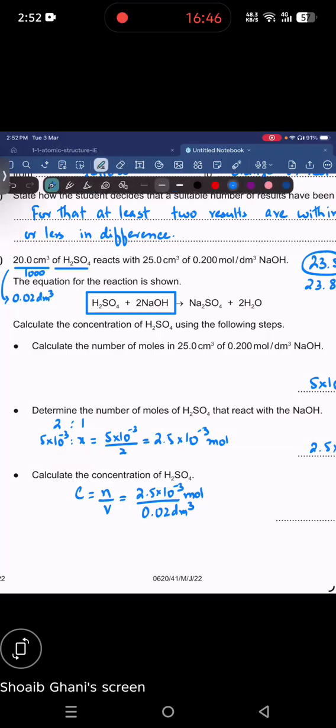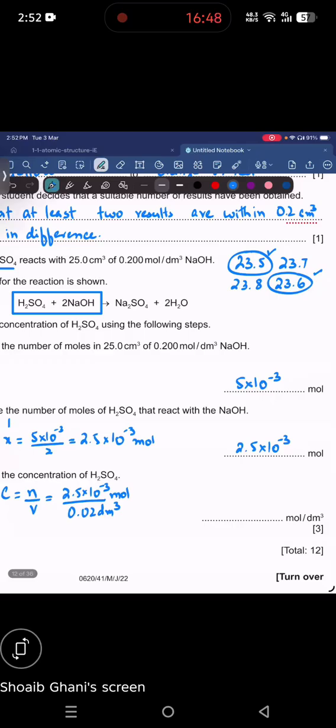Now, can any one of you please give me the answer quickly for the concentration? Yes, please.